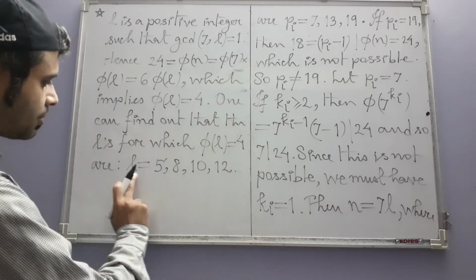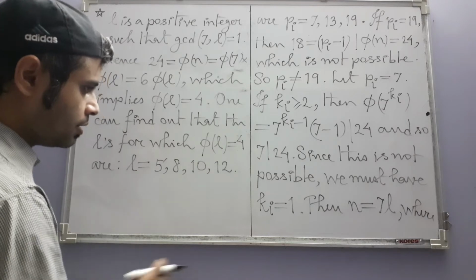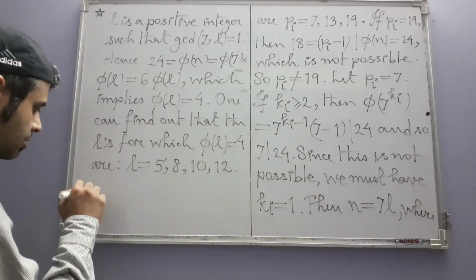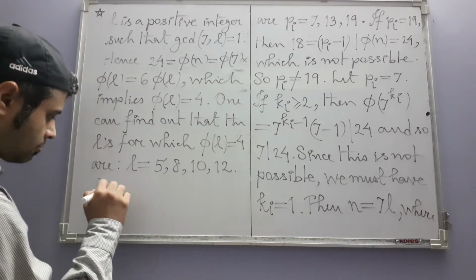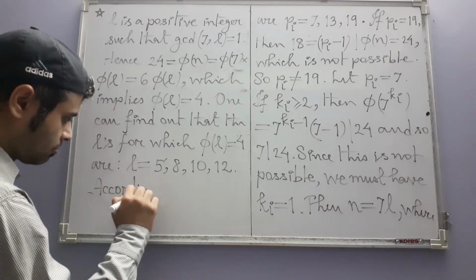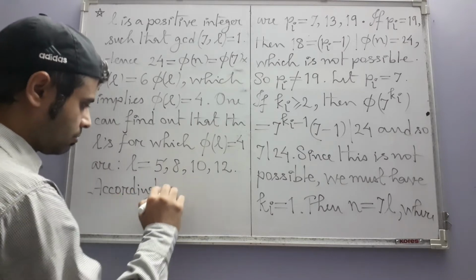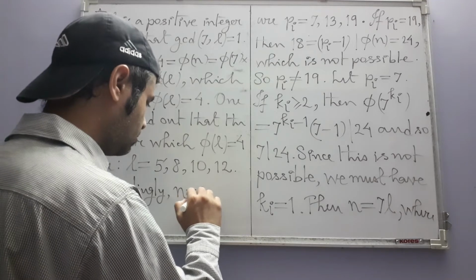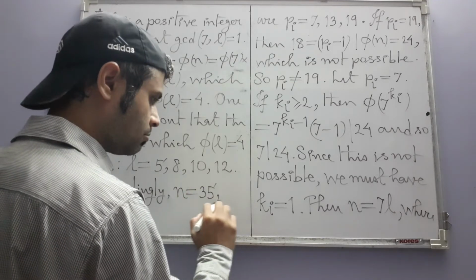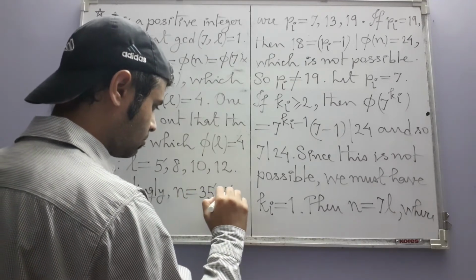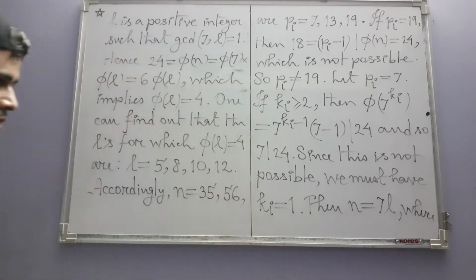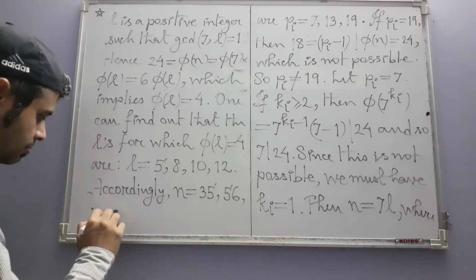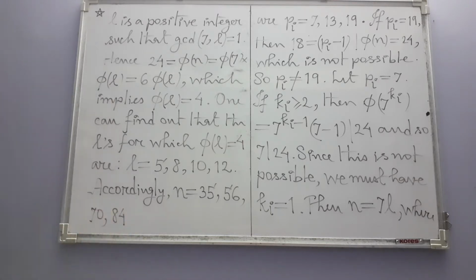So now that we have found these possibilities for L, we can then find the corresponding possibilities for N. Accordingly, N is equal to 35, 56, 70 and 84.